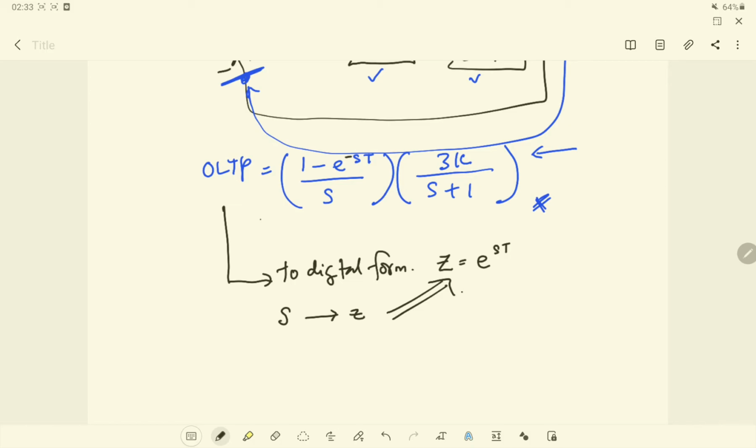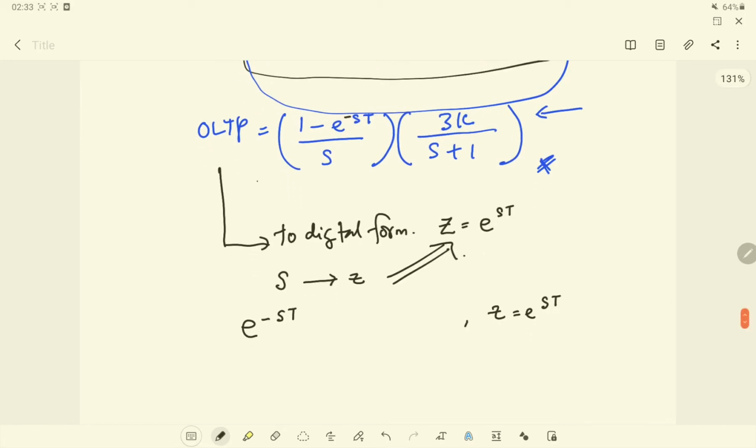Here we have exponent minus sT, and we know that z is equal to exponent sT. Therefore, exponent minus sT is equal to z to the power minus 1.